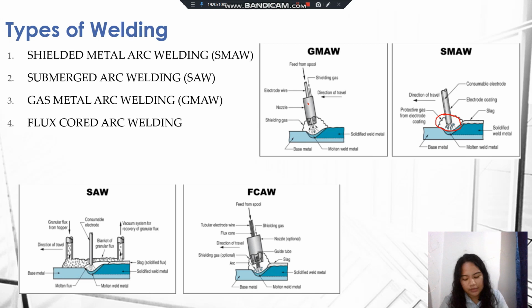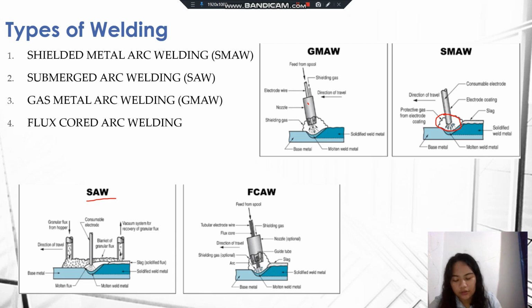The next type is the submerged arc welding, this figure. Sa process na to, yung arc is hindi visible because the surface of the weld and the electric arc are covered by a blanket of granular fusible material to protect it from the surrounding air ulit.